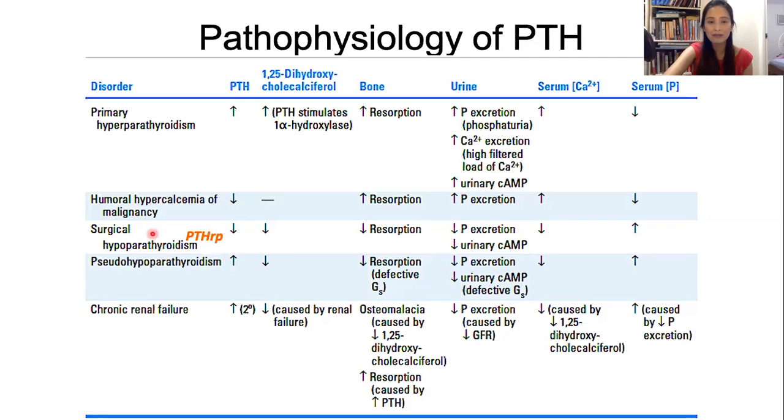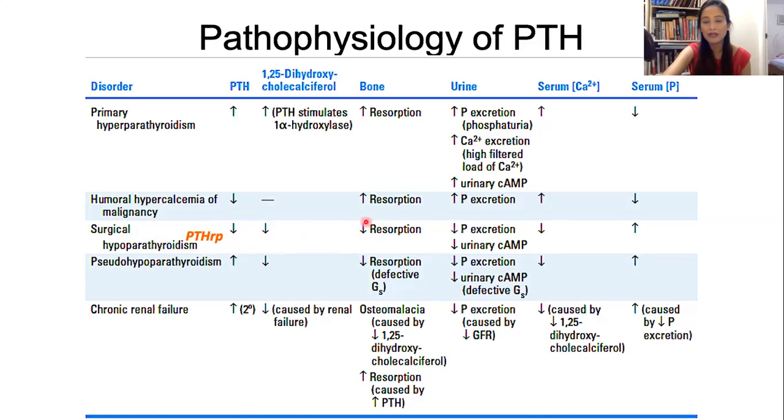In surgical hypoparathyroidism, when during thyroidectomy your parathyroid glands are inadvertently removed by your surgeon, you will have no more sources of PTH. And if you have no more PTH, it will not be able to activate vitamin D in the kidneys.